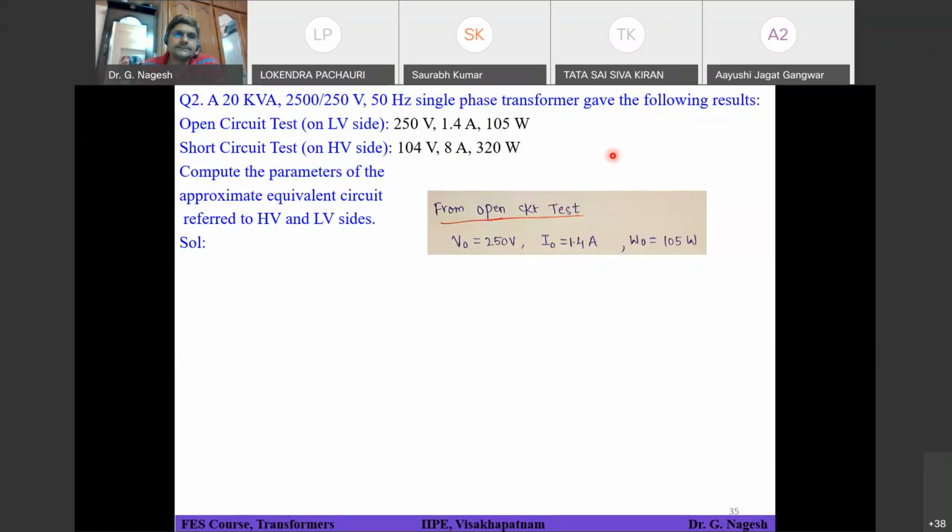So how to proceed? The open circuit test will give you V0, I0 and W0. From this, we have already seen we can calculate RC and XM. Please try to do that using the basic formulas. You remember those formulas, right?